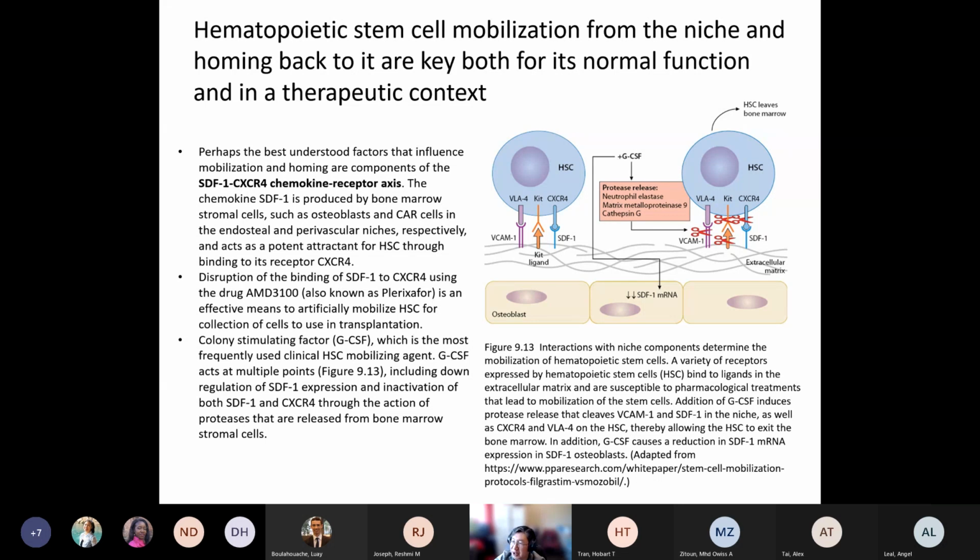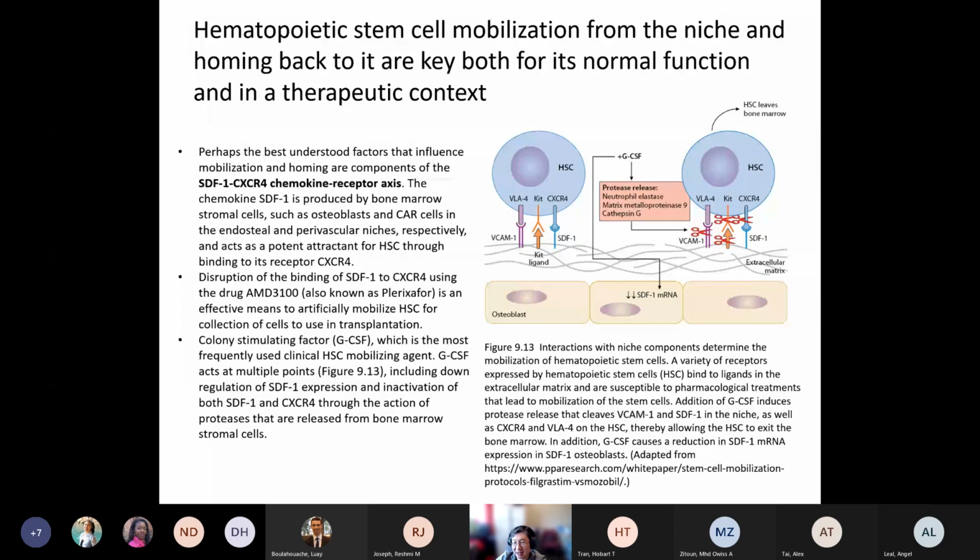So you have to break down this SDF1 and CXCR4 interaction for the cells to get activated, and then you have to form this interaction for the cells to home back into the marrow. We have clinical drugs like AMD3100. This is a drug that you use to disrupt the interaction, therefore getting the cells motivated.